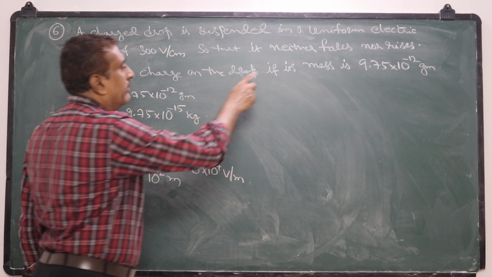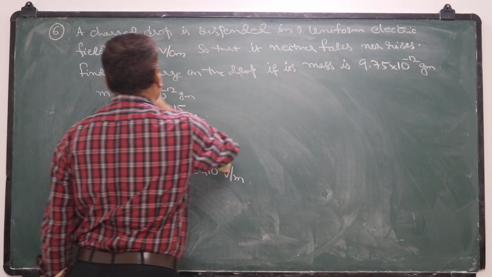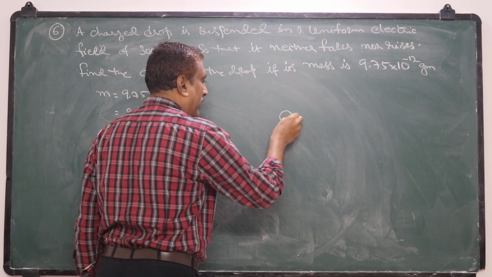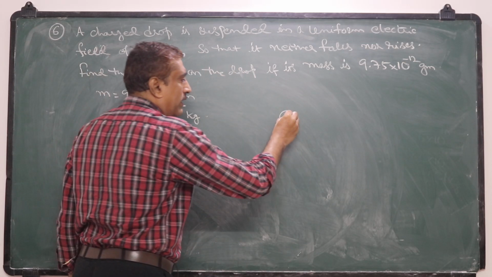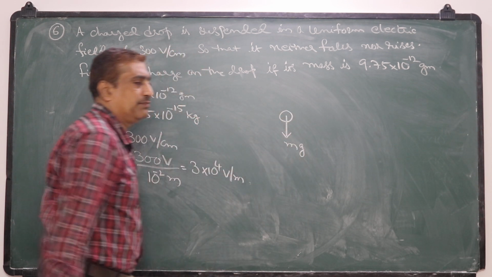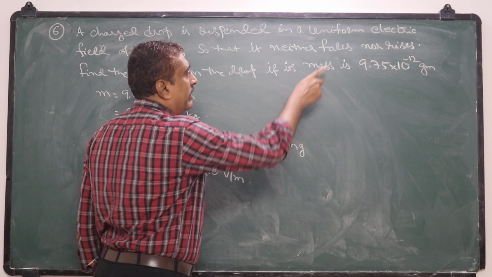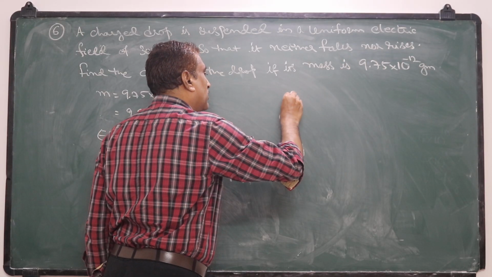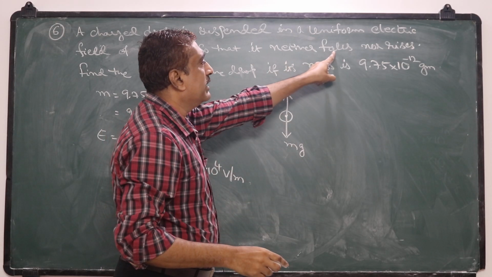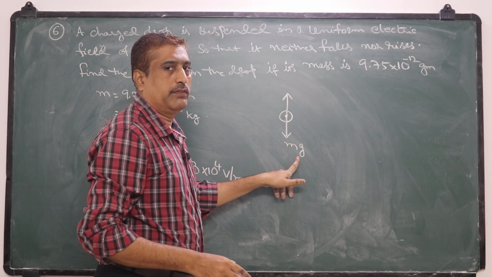So, here given that particular drop neither falls nor rises, means in that electric field, when a drop falls, the downward force acting on it is weight of the body, that is mg, weight of the drop downwards. But electric field is such that applied so that it remains at rest, so that it neither falls nor rises, means the electric force is just equal to the weight of this drop.